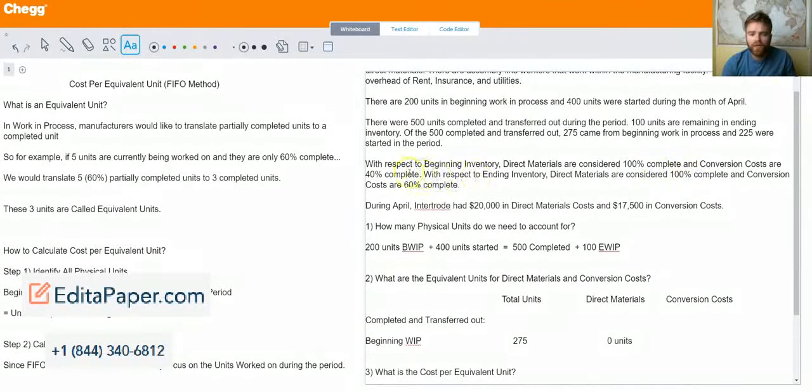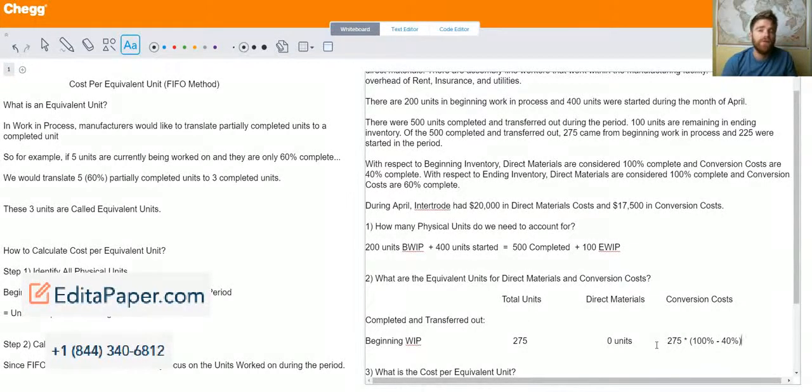If they're already 40% complete when they first arrived, that means that you completed 60% during the period. So of that 275, I'll go like this. I'll say 275 times 100% complete minus 40%. That's essentially what's going on here. You've already completed 40%, so the remaining is 60% that you completed during the period.